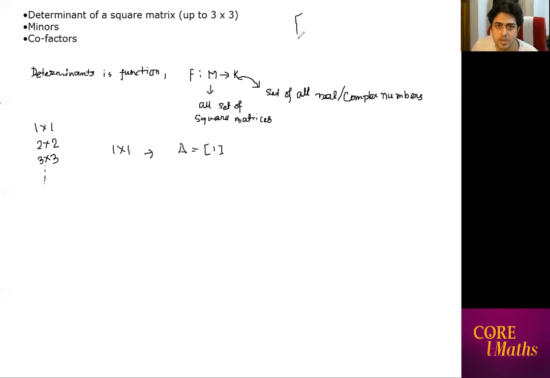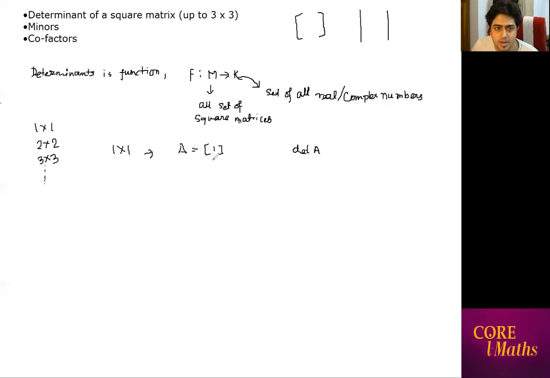This is the representation of the matrix, and this is the representation of the determinant, right? So for any kind of square matrix, it may be 1 cross 1, 2 cross 2, 3 cross 3, or any higher order square matrix, we will represent the determinant of that matrix.